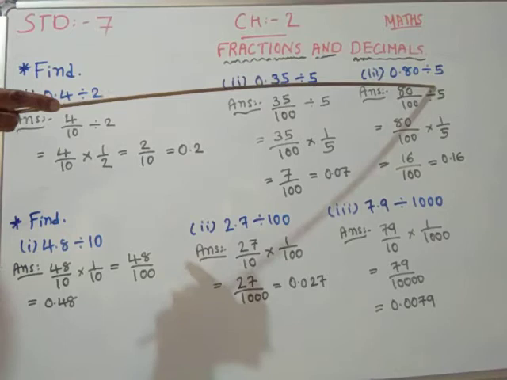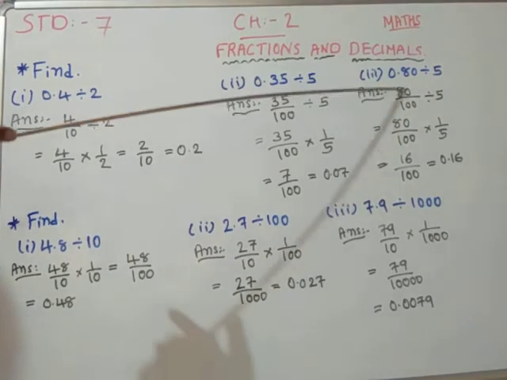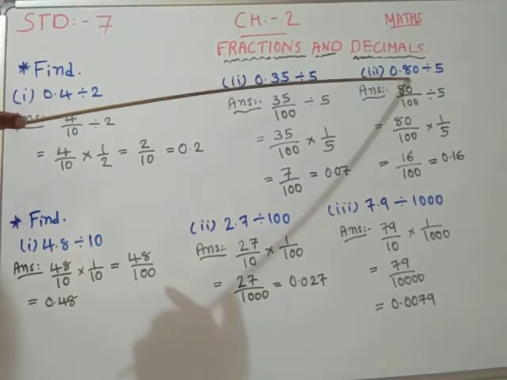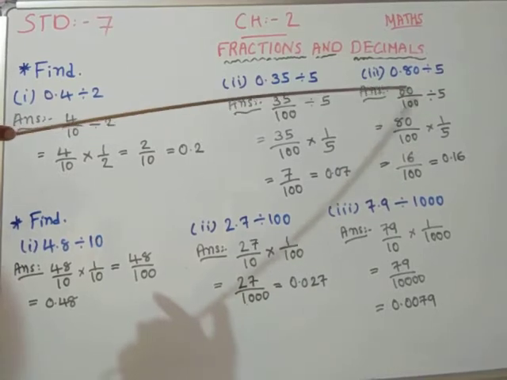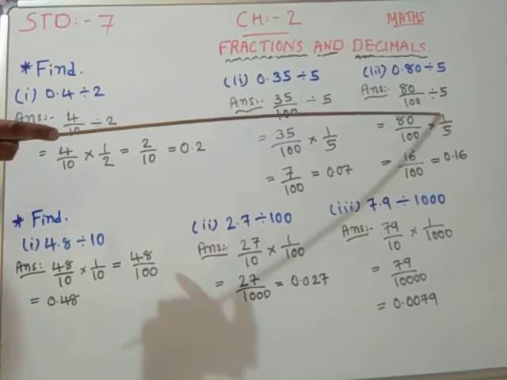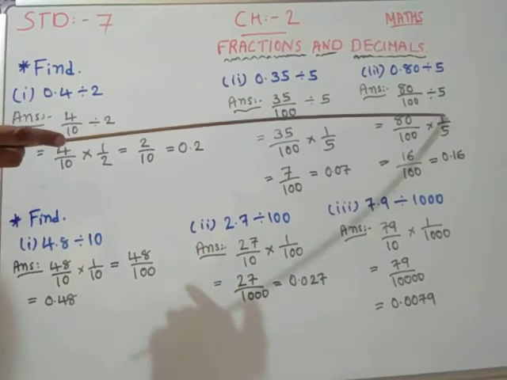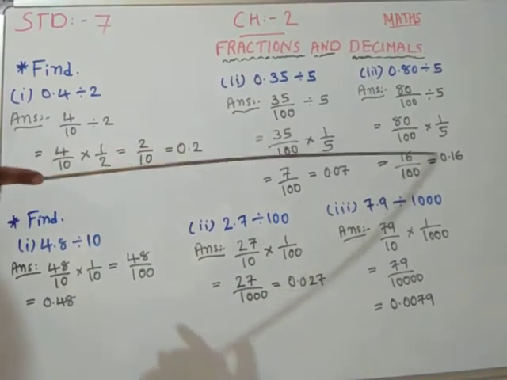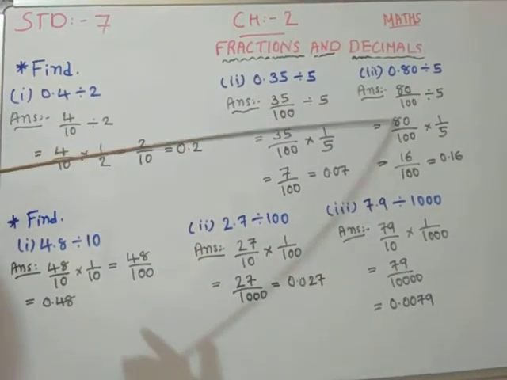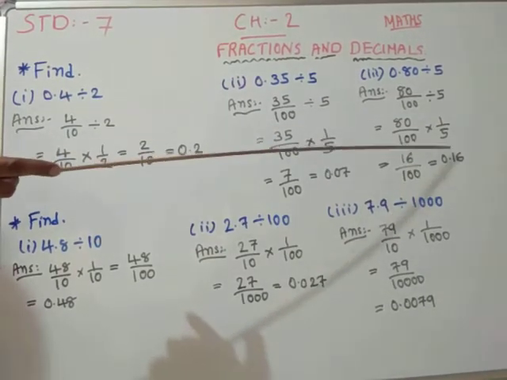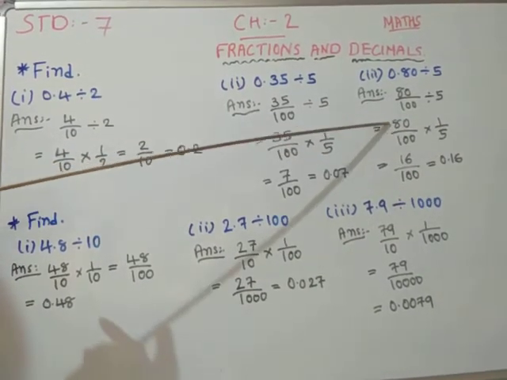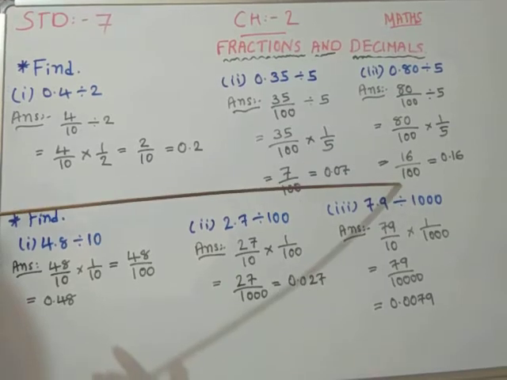0.80 divide 5. First convert into simple form. 80 by 100, because after the point there are 2 digits. So 80 by 100 divide 5. Now convert into reciprocal form, so it's 1 upon 5. Put the multiplication instead of division. So 80 by 100 multiply 1 upon 5. Here 16 5s are 80, so 16 by 100.